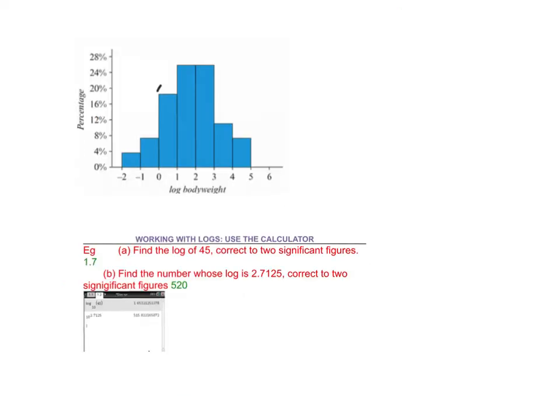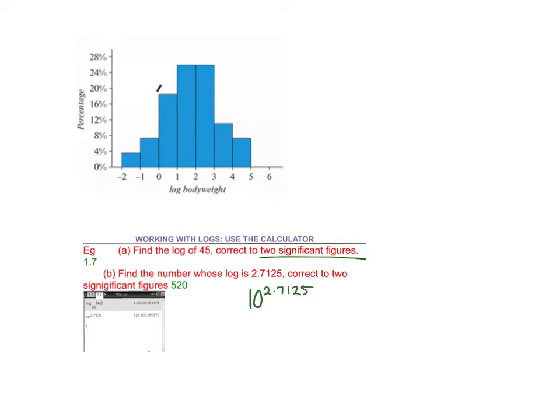Okay, so if you are asked to find the log of a number, and now we're practicing two significant figures, we still will cover this a bit later. So find the number whose log is 2.7125. What we're actually saying is that the number is 10 to the power of 2.7125.